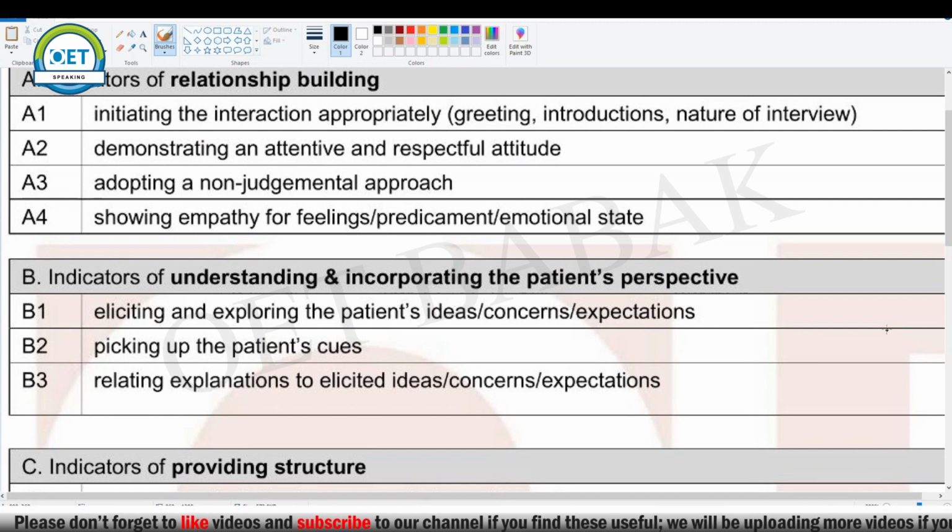And relating explanations to elicited ideas, concerns, expectations. So later on, when you're explaining, you need to relate your explanations to these ideas, concerns, expectations.